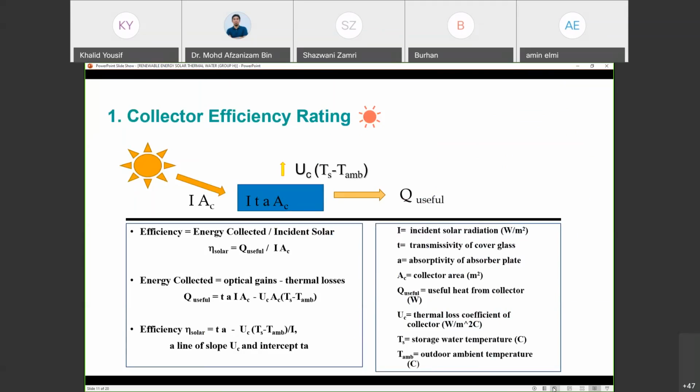And Q useful is equal to incident times absorptivity times transmissivity and collector area, minus thermal loss coefficient times collector area and the difference between storage water temperature and outdoor ambient temperature.